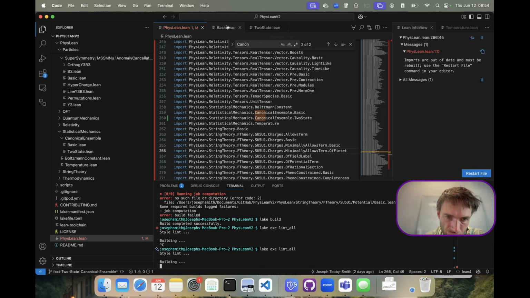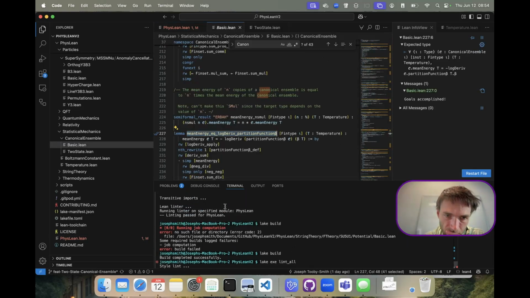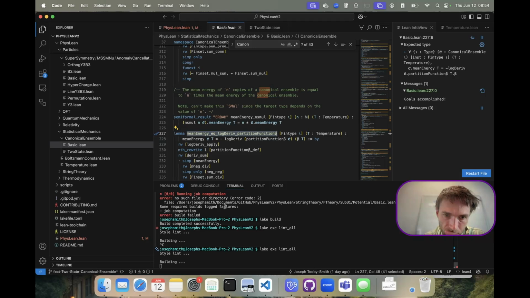And let's see what it does. Hopefully this shouldn't pull up too many errors. But yeah, this will give you the sorts of checks that GitHub will put on it to make sure the style is correct and all of those sorts of things.